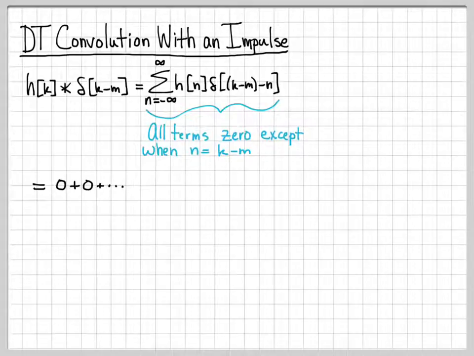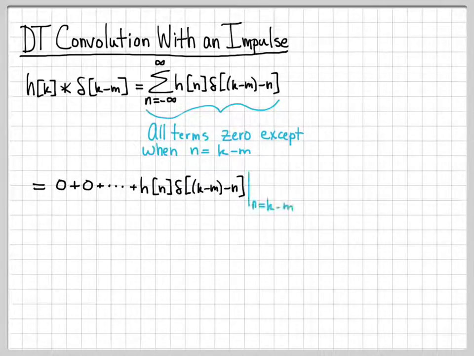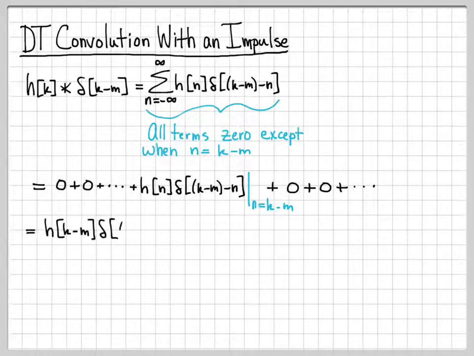Really, this sum looks like 0 plus 0 plus 0, and finally we get to the counter variable where n is equal to k minus m. We have a non-zero term, then a whole bunch of other zero terms. If I replace n with k minus m, what I end up with is h of k minus m, because n is equal to k minus m.